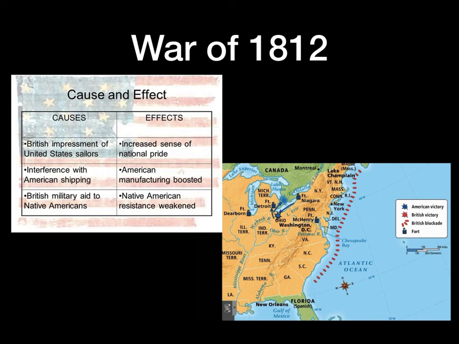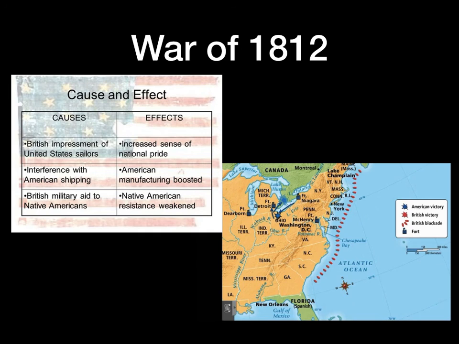But the main thing and the main effects of this war is a surge in national pride. The United States has, for the second time, defeated the most powerful country in the world at this time. American manufacturing is boosted. Americans start to industrialize. And Native American resistance is weakened.